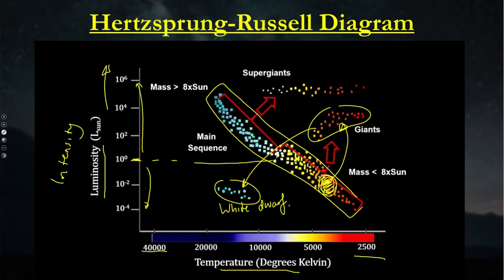If we're looking at the supergiants, the ones that are really massive, they go from the main sequence and become supergiants. From there, some of them might become dwarfs as well, depending on the mass, but they will potentially turn into a supernova and thereafter.